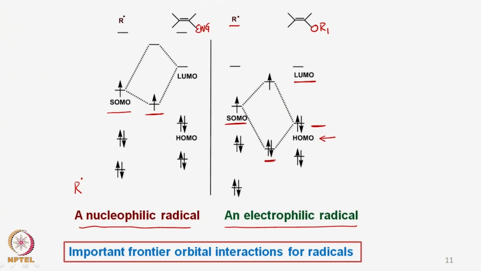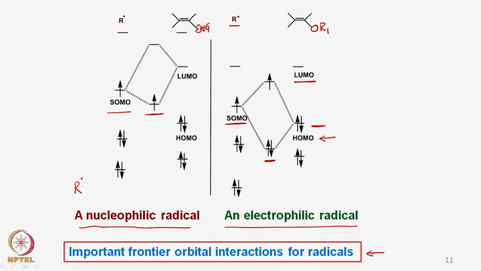And therefore these are the important frontier orbital interactions of two different types of radicals with two different types of olefins, one with electron withdrawing group and the other with electron rich olefin.